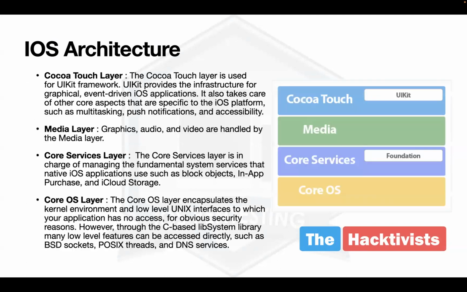Now, when it comes to the architecture, it is divided into 4 parts. The first one is Cocoa Touch, then media, then core services, and the core operating system layer.